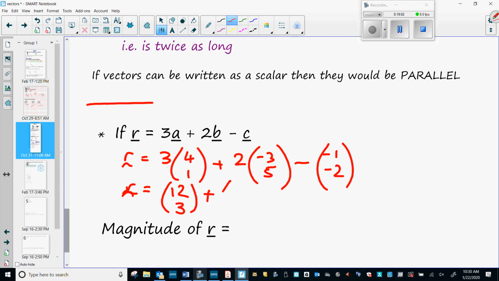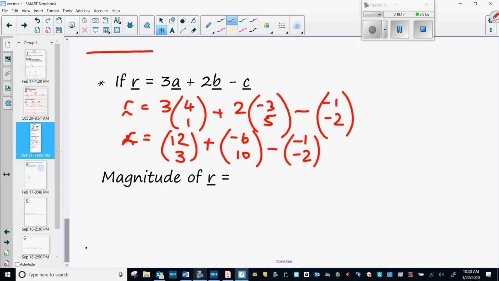This vector would be minus 6, 10. And then we're taking away this one. I'm just going to leave it as negative 1, negative 2.